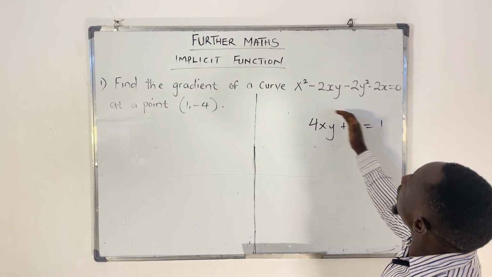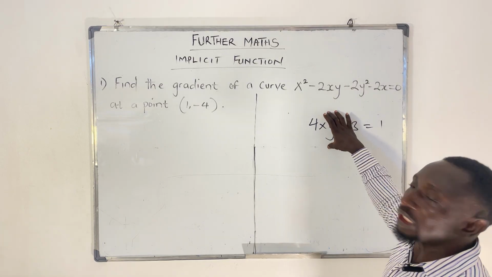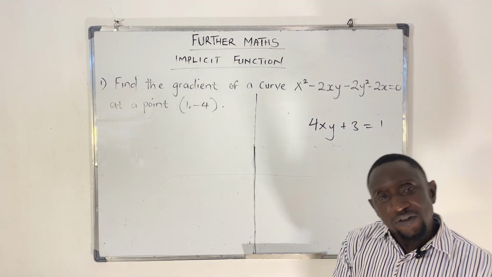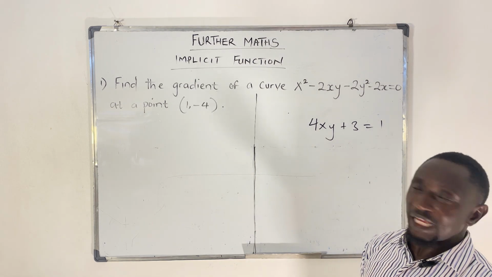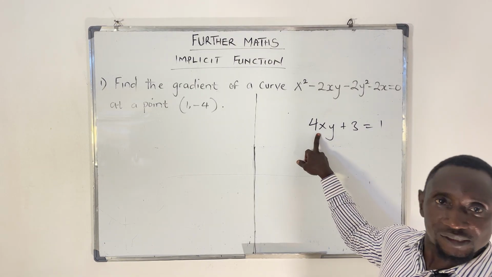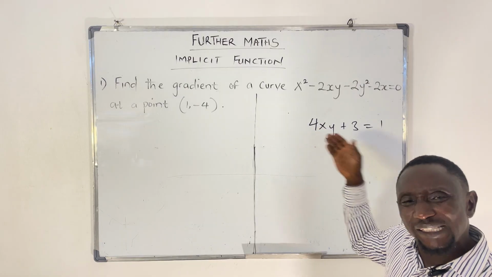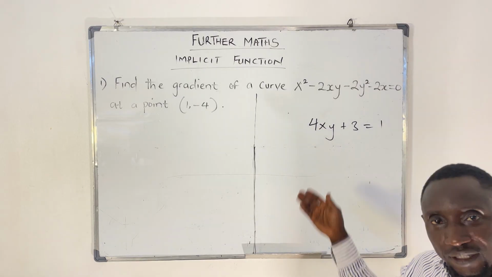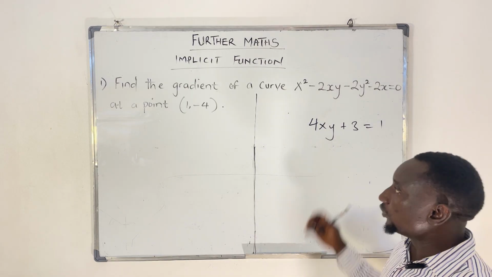So all we need to do is apply all the necessary differentiation techniques that we know to solve this. There is no difference. If you have y as a function of x, you just apply the necessary techniques that you already know in differentiation and then solve this.